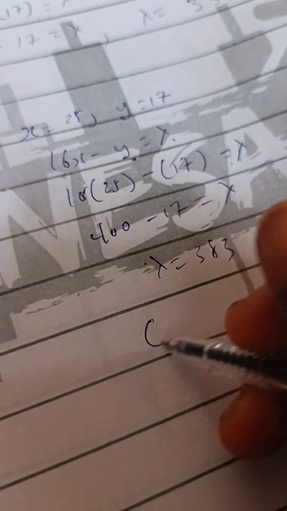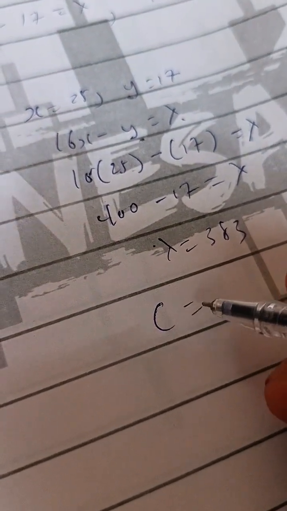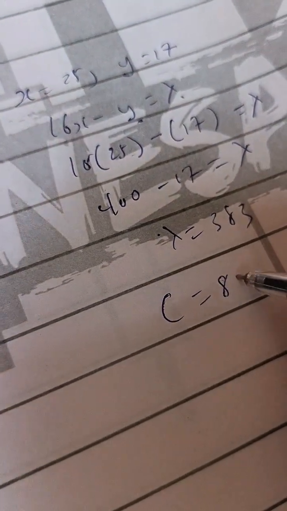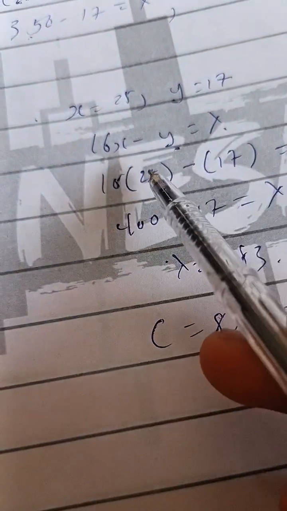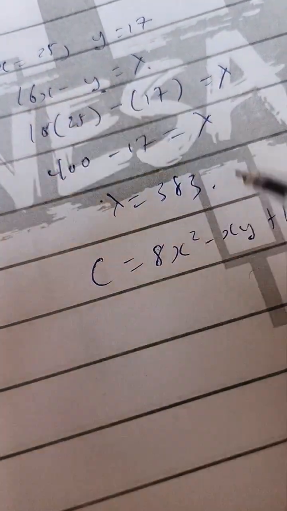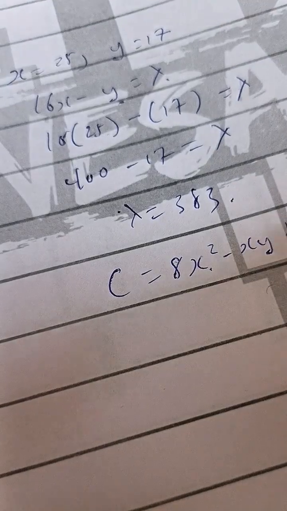So basically, lambda is telling us something about our cost function. Let me find our cost function. So yeah, we have our cost function. This lambda is basically telling us, when we plug in our values for x and y into this function, x is 25, y is 17, and we get some value.